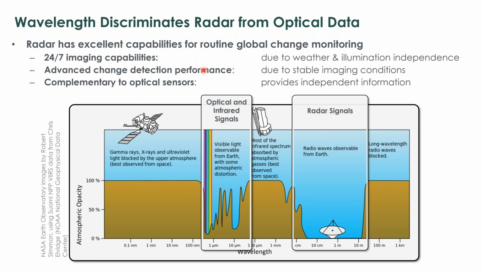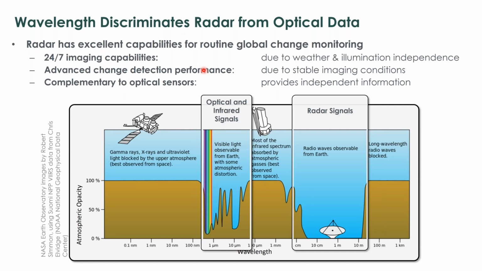Another benefit is that SAR is really good for change detection. This is related to the fact that SAR, or radar, is an active observing instrument. We are actively sending out microwave signals from a satellite. Those signals travel to the ground, get reflected, and come back to our sensor.